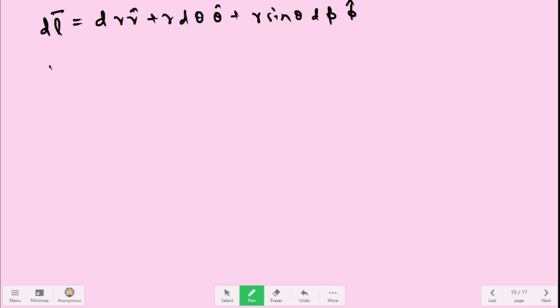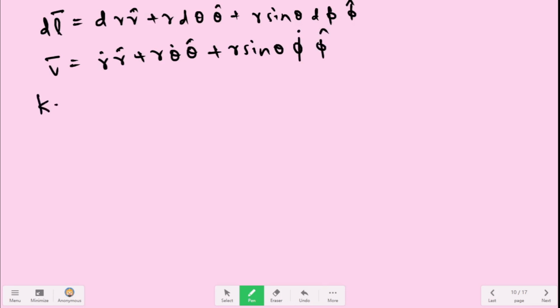Divide by dt, we get v = r dot r cap + r θ dot θ cap, dθ/dt is θ dot, plus r sinθ dφ/dt is φ dot, r sinθ φ dot φ cap. This is velocity.